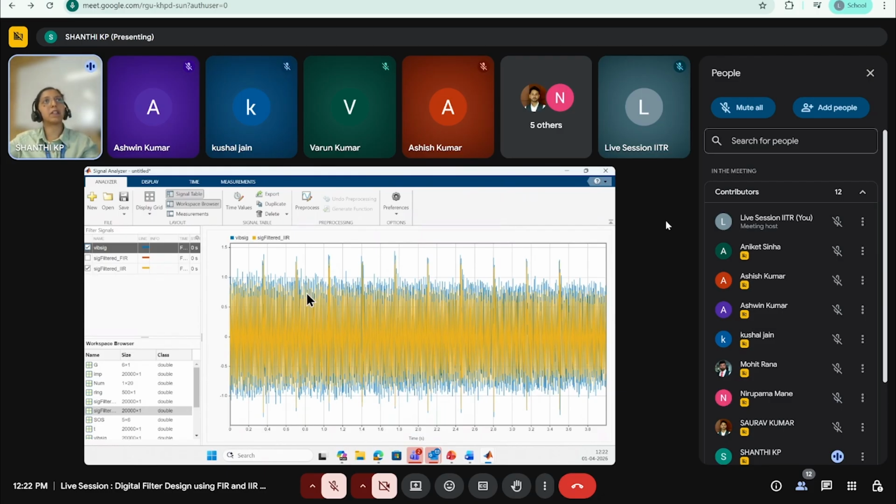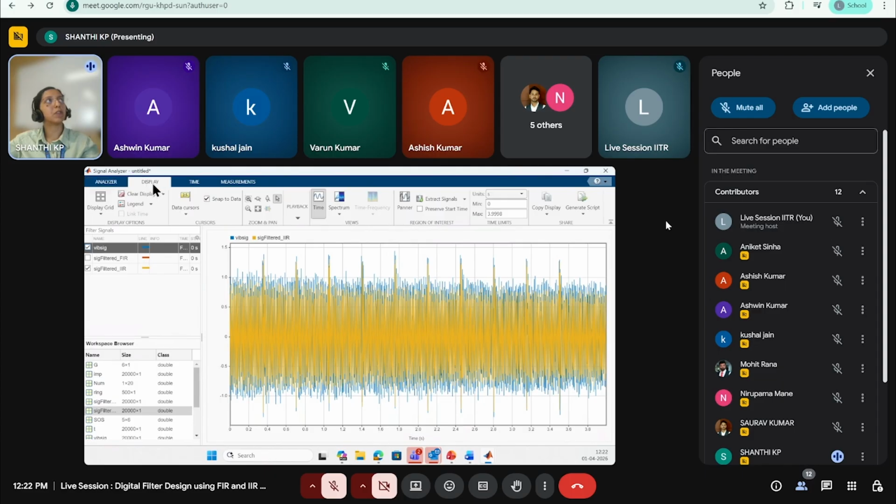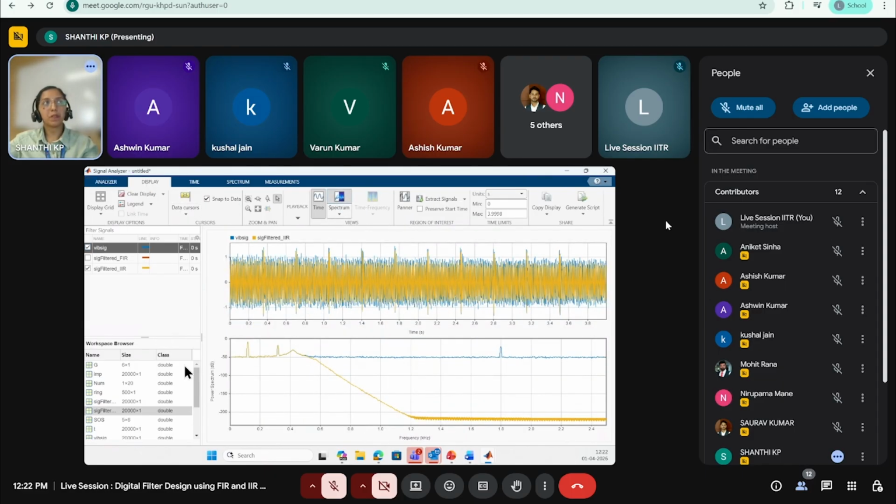we can see there is some reduction in a few components. And as I mentioned before, to see the frequency specifications, let's visualize the spectrum. When you see the frequency domain visualization of this IIR filter, it's clearly seen that below 500, all the useful vibration signals are preserved, and above this cutoff, above the stop band frequency, there is a huge reduction in the noise.